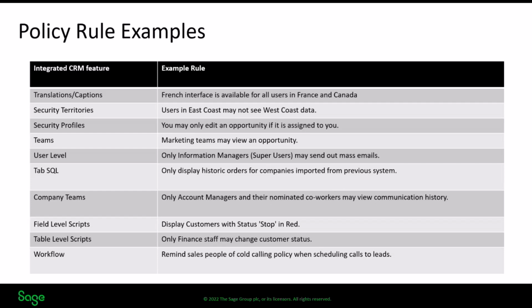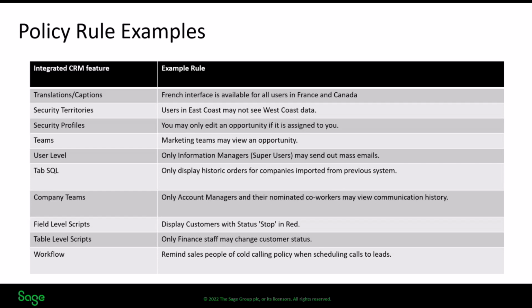So it's to do with the organization and security. It's to do with the user interface choices that you're making and the work group choices that you're making. So translations and captions. You should be able to say any user should be able to use the French or the English interfaces if they want to.